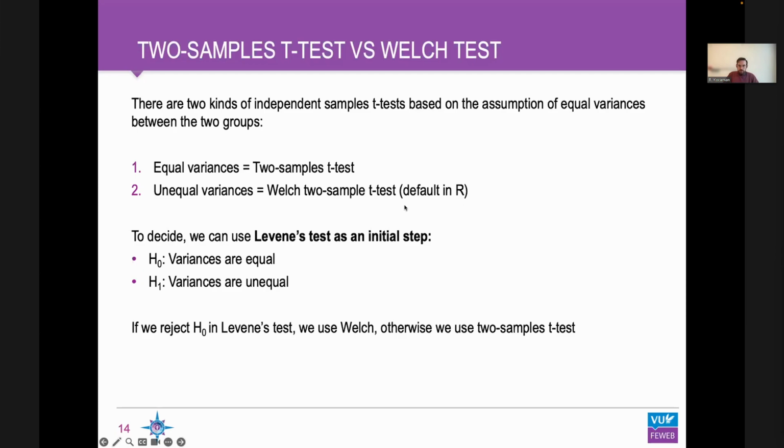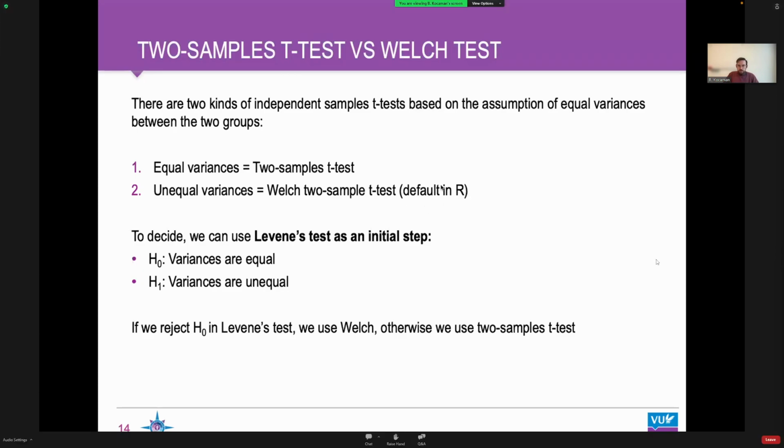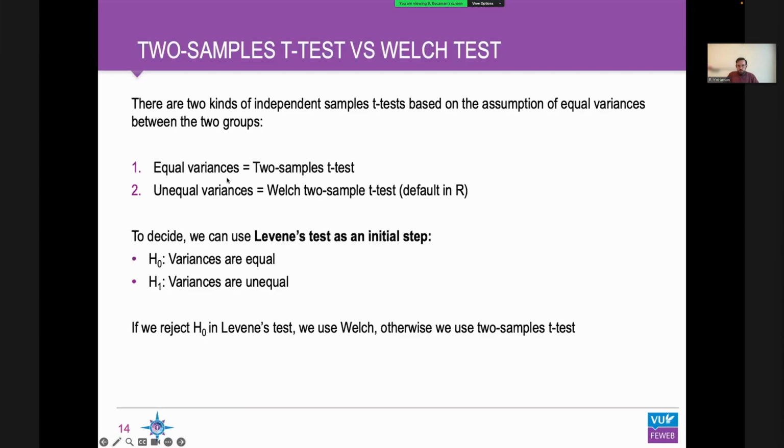This is the default option in R, and we will see how you can also use the equal variances option in R. But it's important for you to know that to decide, you need to use what's called a Levene's test.